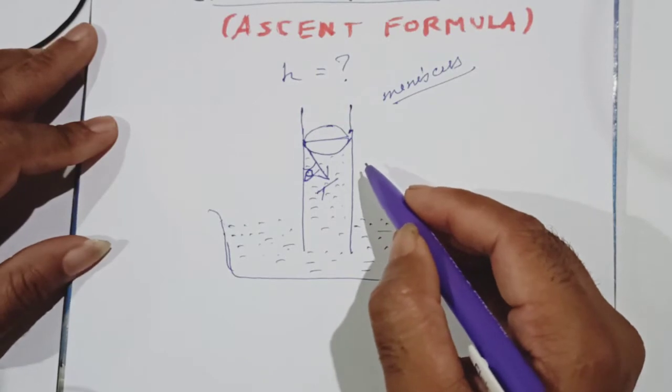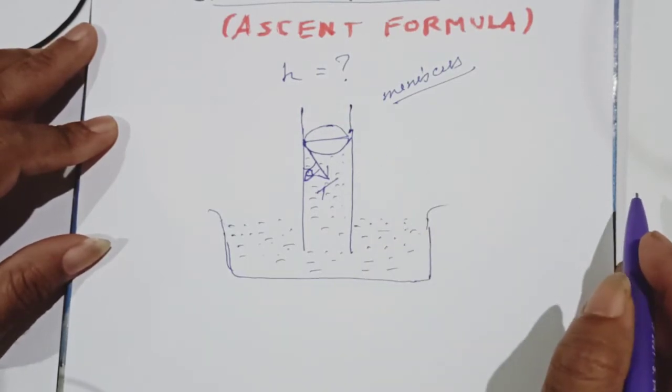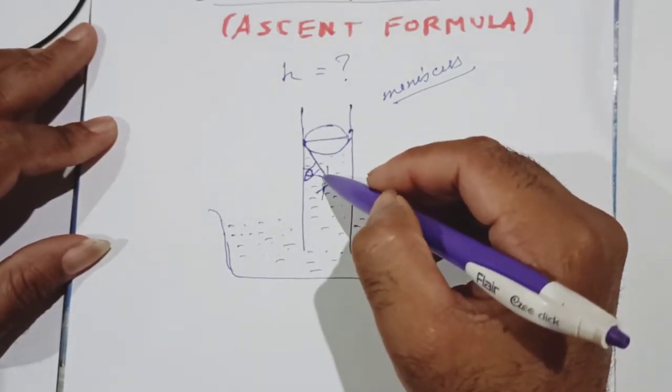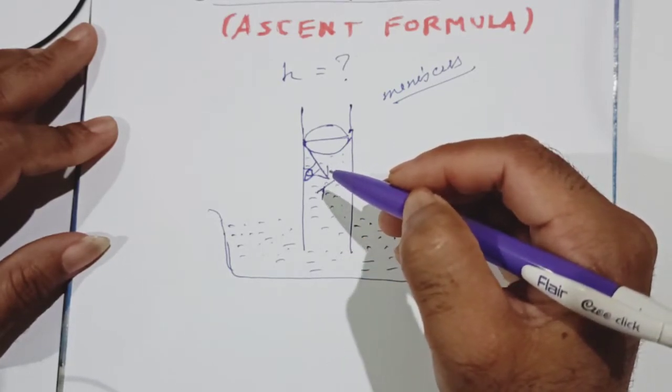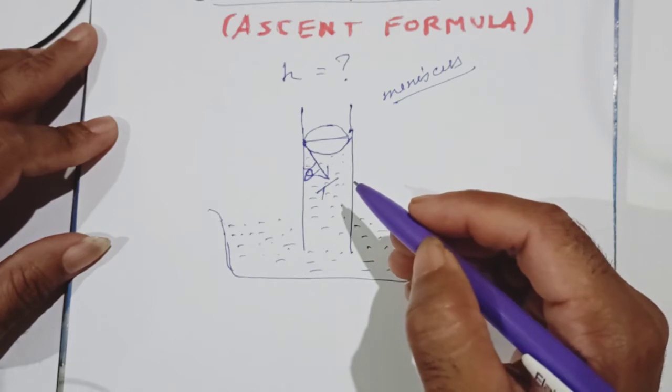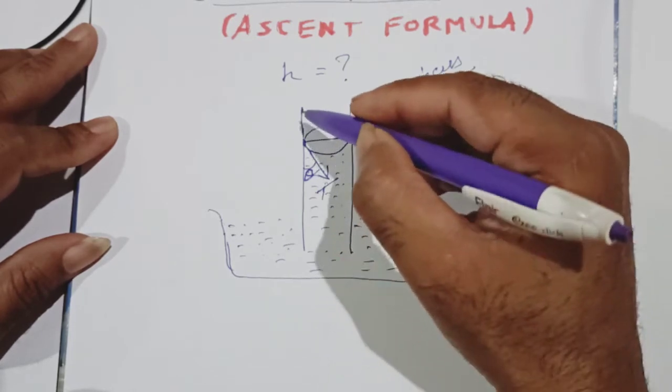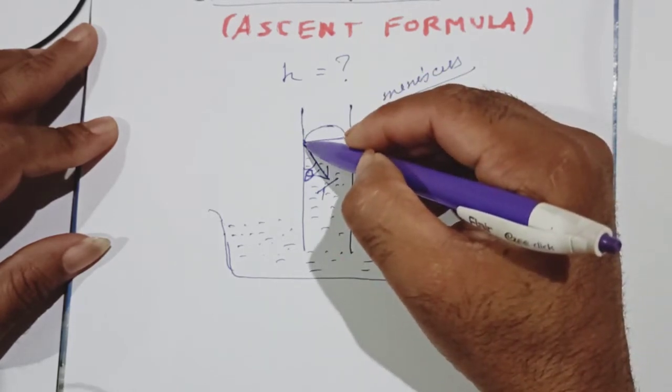Okay, and so what happens? You draw T, then you must know that there is a reaction equal to T at its point along the circle of contact.